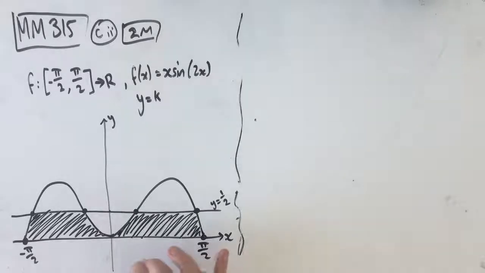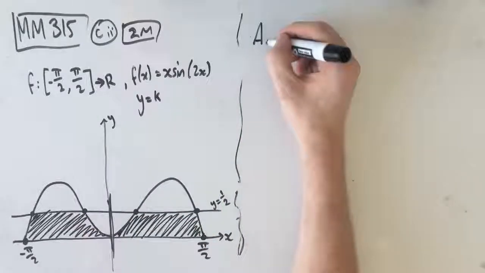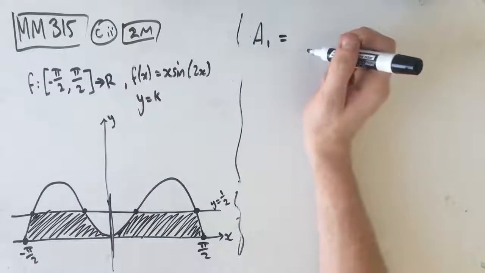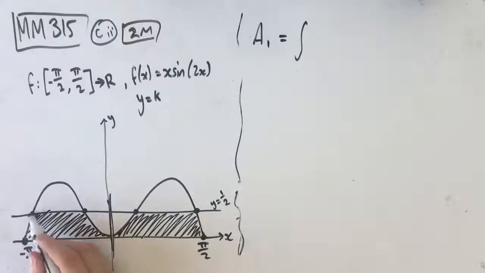The first thing to recognize is that this graph is symmetrical around our 0 line. So this side is exactly the same as this side, which means in order to find the total area of the shaded region, we're going to find this area, and then we're just going to times it by 2. So this area here, area 1, let's call it, is from here to here under our f of x graph.